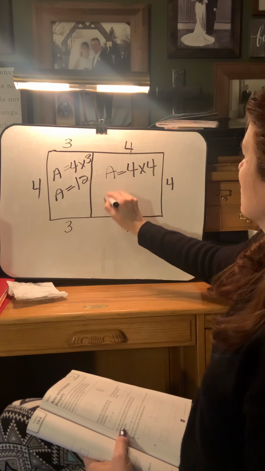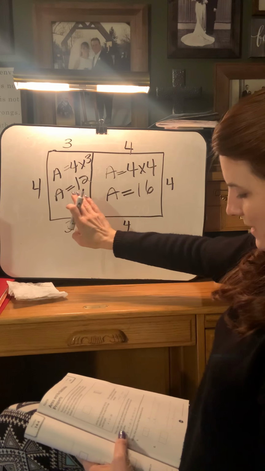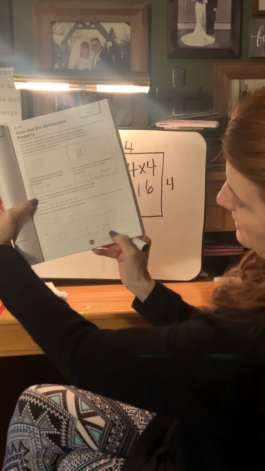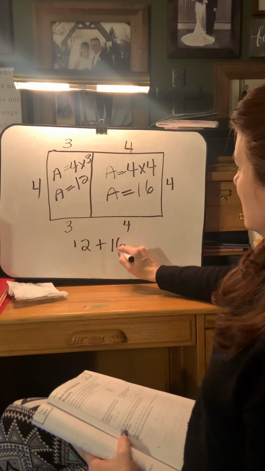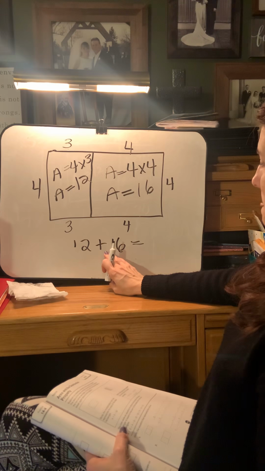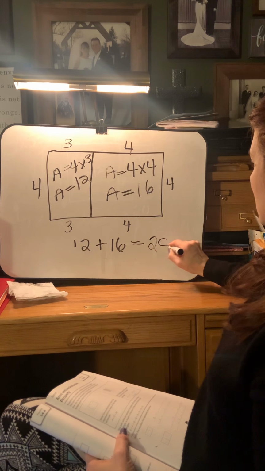Okay, so this area equals 16. So if I take this area right here plus this area, 12 plus 16, 10 plus 10 is 20, 2 plus 6 is 8, 28.